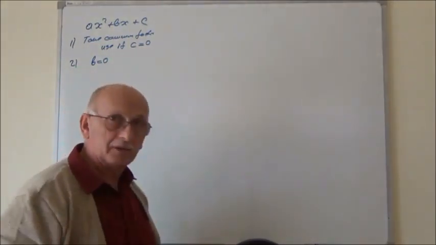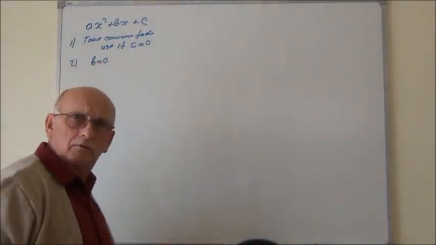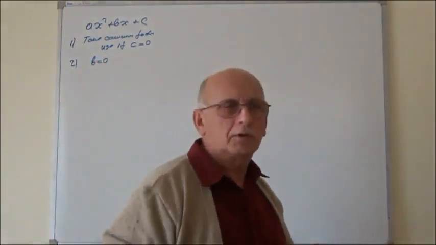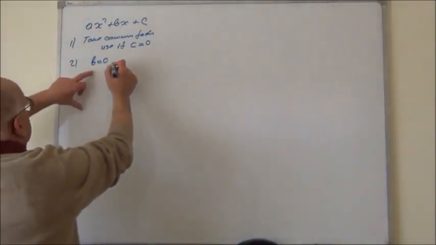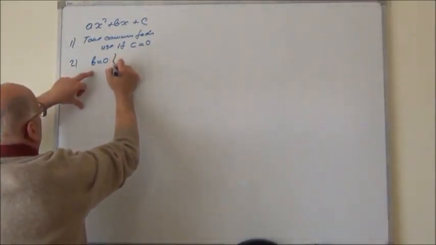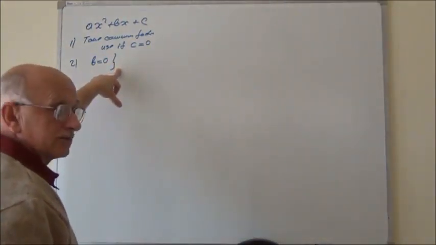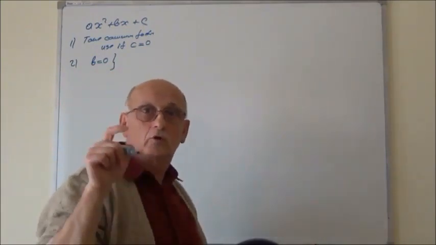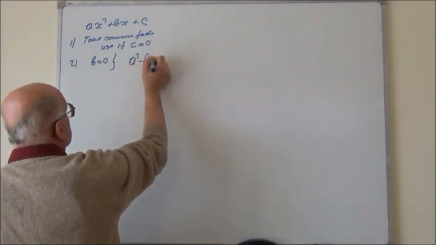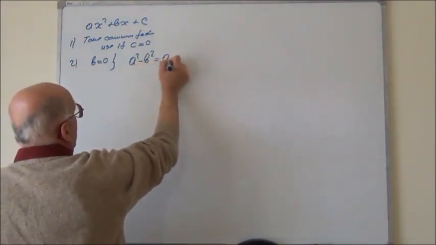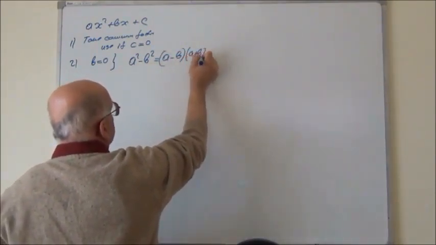This is again something that you already studied. Yes, of course, a difference of two perfect squares. To factorize a quadratic trinomial by difference of two perfect squares, we have to strictly follow the formula: a squared minus b squared is a minus b multiplied by a plus b.